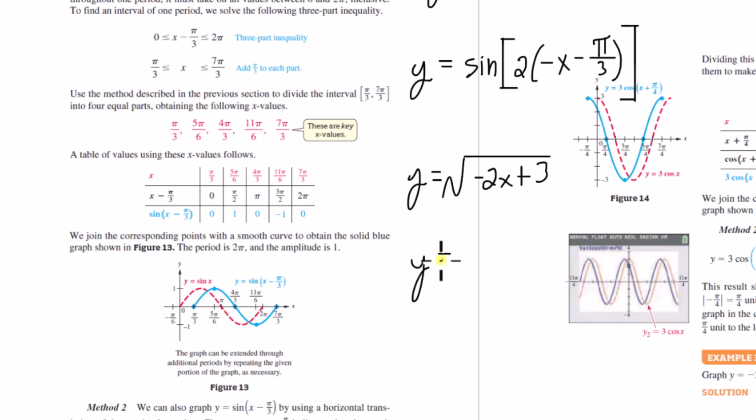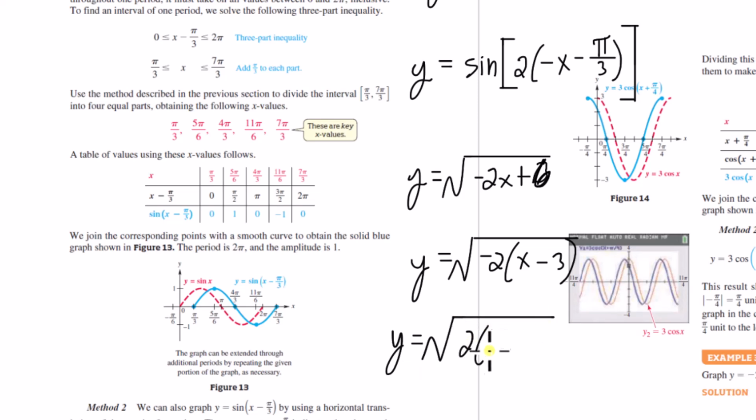You took out a minus 2 and you get minus 2 times x minus 3. Or you could have not factored out the minus and gotten minus 2x plus 6. And you see it's the same result. It's just that in one you're flipping about the original y-axis, and here you're flipping about a transformed y-axis.